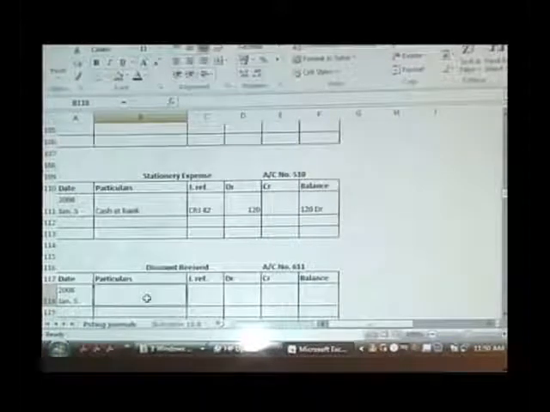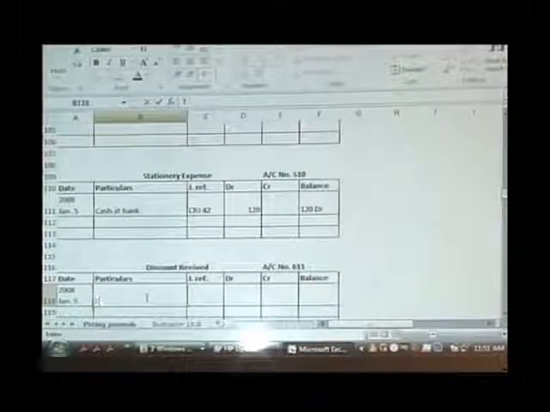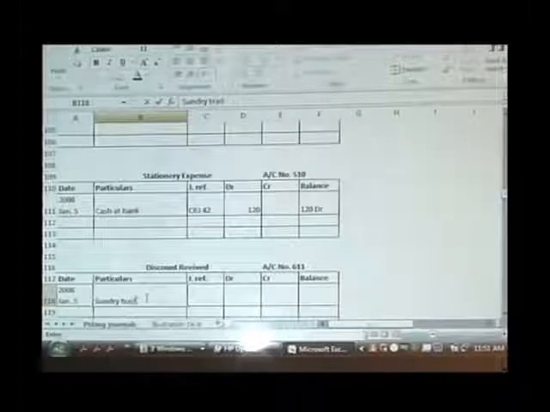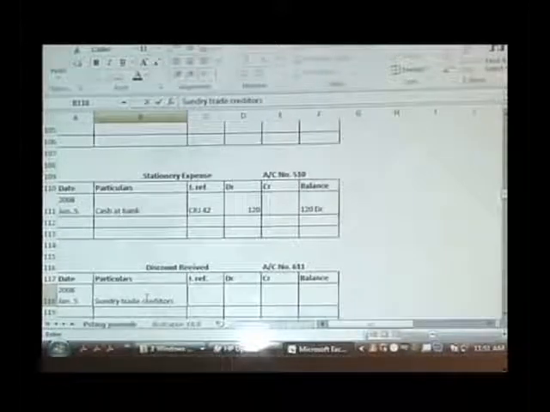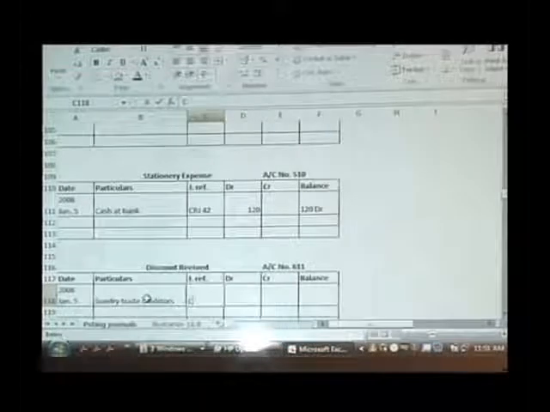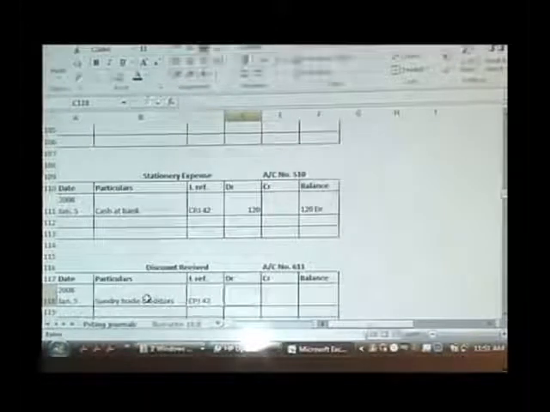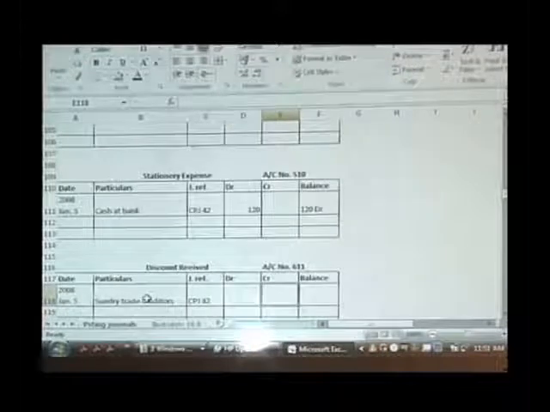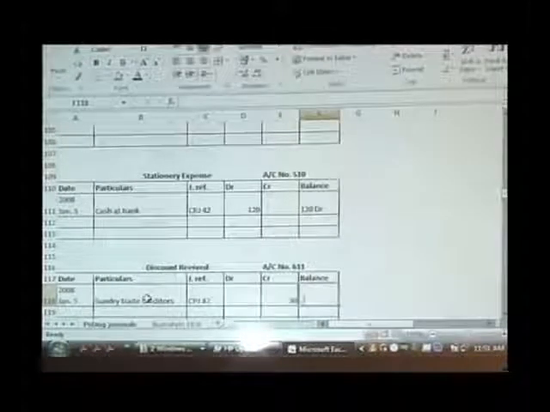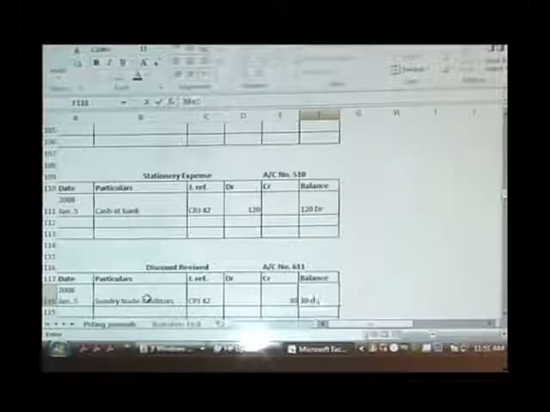So then it is sundry trade creditors, CPJ 42, discount received, credit 30 balance column, credit.